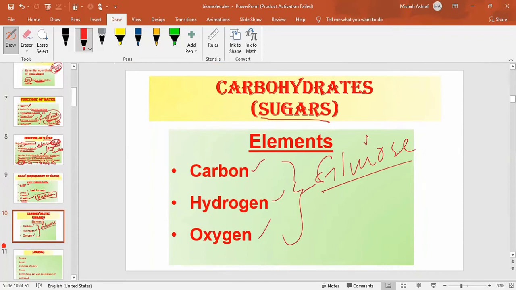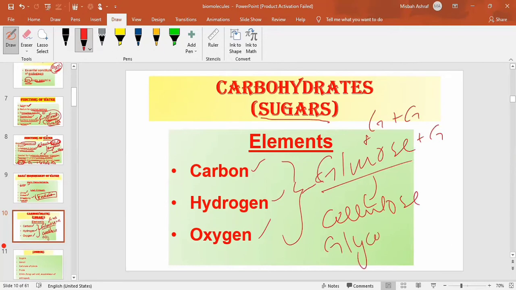Then more glucose molecules combine, and they form some other carbohydrate like cellulose, glycogen, or starch, right?